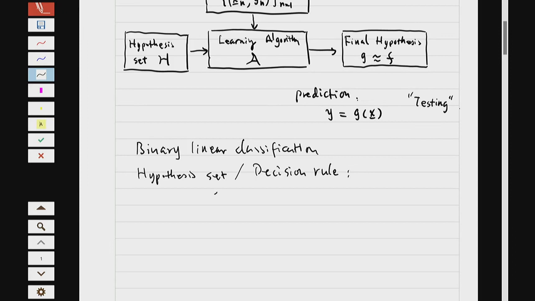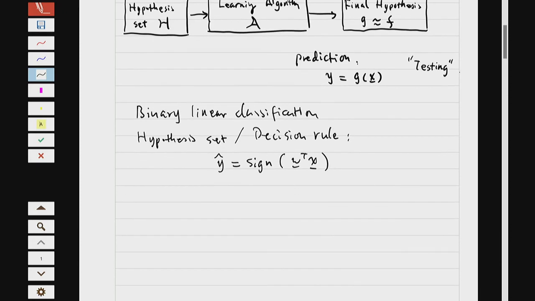In binary classification, we have this y hat, which is a binary output. It turns out to be the sign of this inner product, like this, where this w and x are augmented versions. So these are augmented w that has a w0 in front, not just w1 to wd, and also augmented x, which is x0, which is always equal to 1, and then x1, comma, comma, xd, like that.